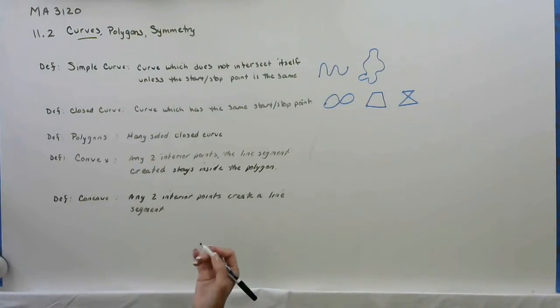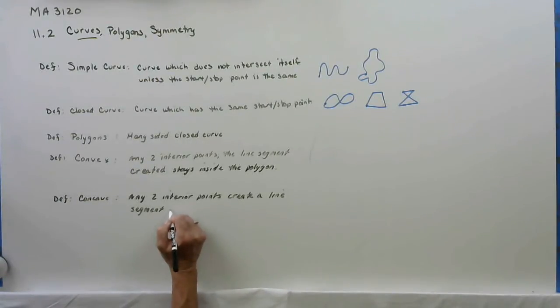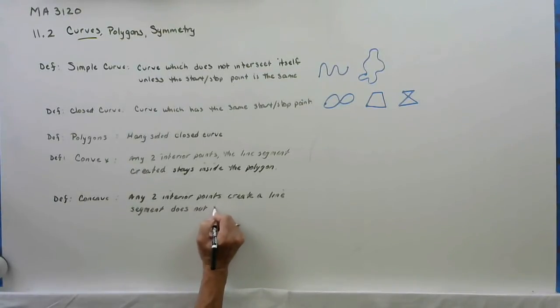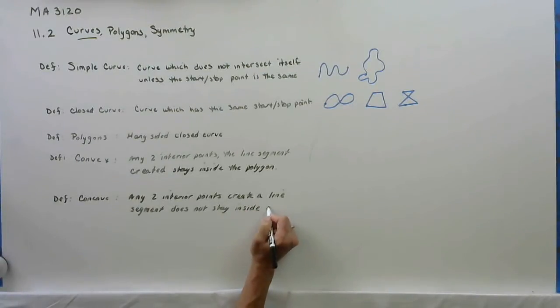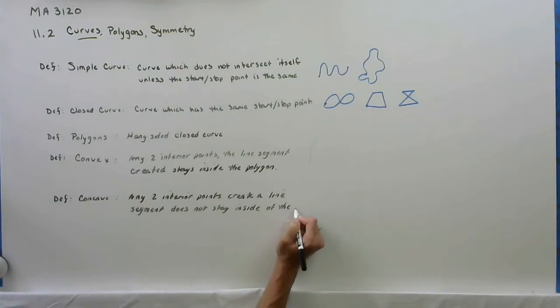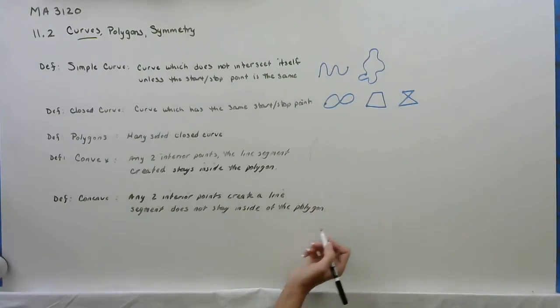So we may end up with something outside, which does not stay on the inside of the polygon. So let me draw pictures of these. Convex, concave.